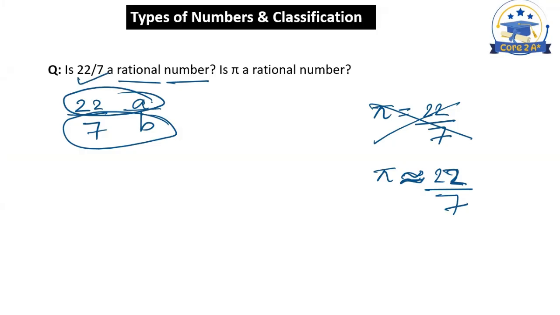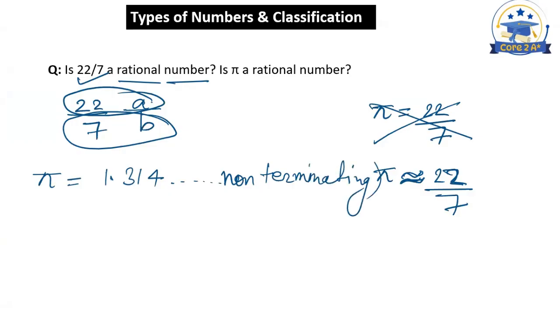And in case of pi, let's see, the value of pi is 3.14... so many long digits. It is a non-terminating number, right? So how can we write it in numerator upon denominator form?